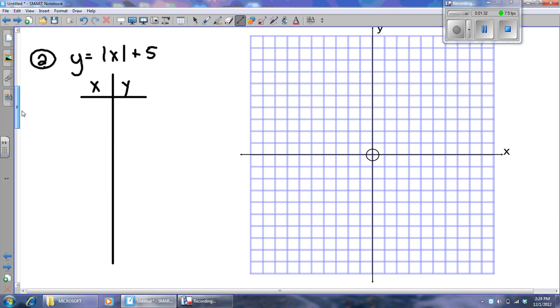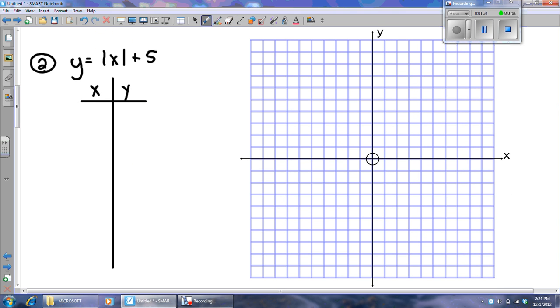So let's take a look at this one, and again I'm going to use a t-table, and this time I'm going to plug in 0, -1, -2, 1, and 2. Alright, I put -2 in, I get the absolute value of -2 is 2, 2 plus 5 is 7. Absolute value of -1, 1 plus 5, 6.